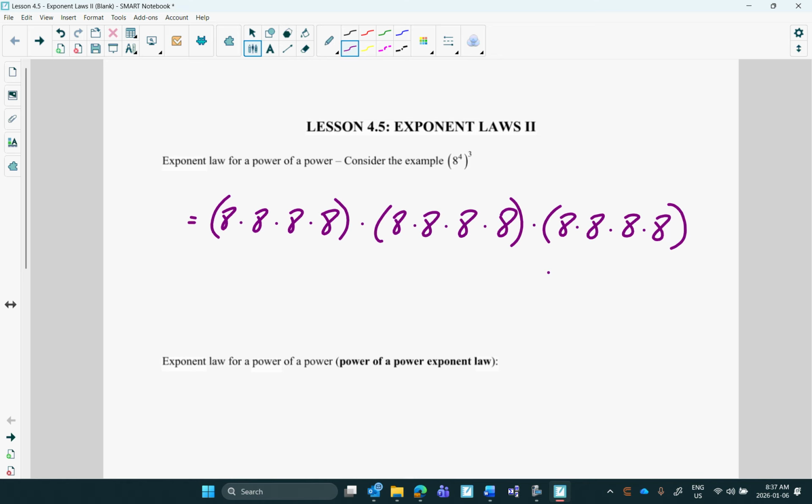Well, how many 8s am I multiplying together? 4, 8, 12. Well, I don't want to have to write this out all the time. I want to be able to be given this and go directly to the answer. So what's the relationship? We multiply the exponents.